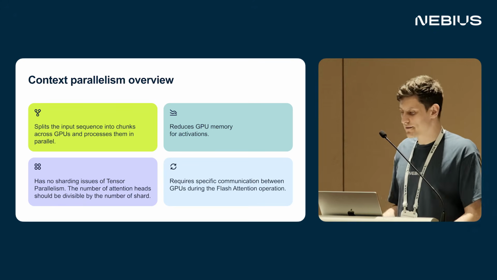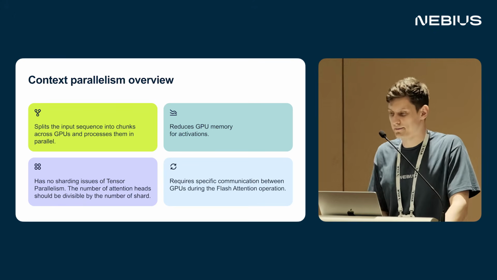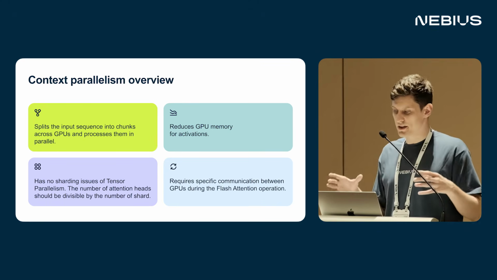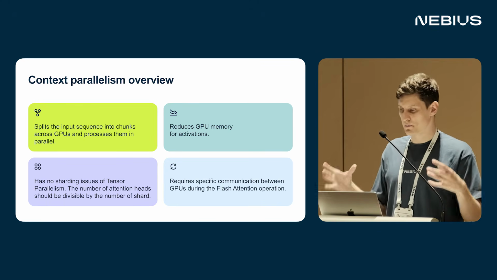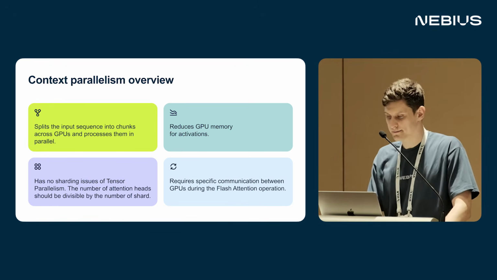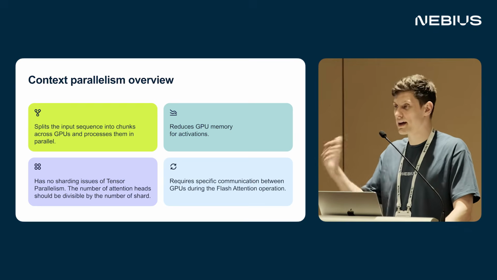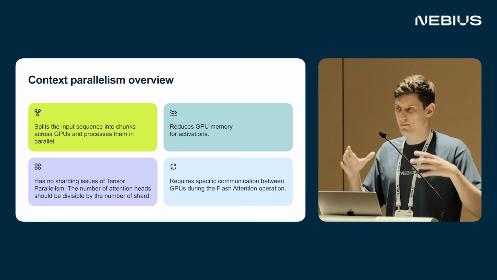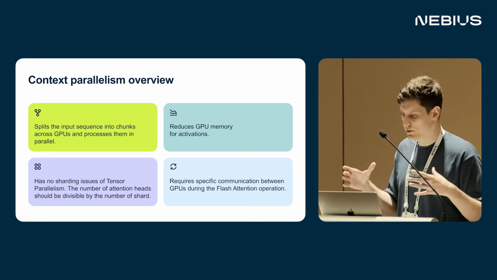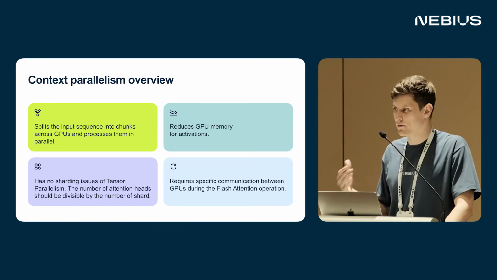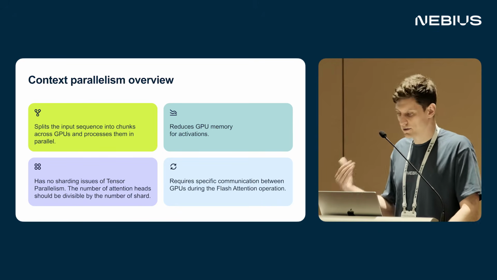Moving to another key feature of Kvax, context parallelism. Essentially, this technique splits the input sequence into chunks across multiple GPUs, allowing us to process them in parallel. There are 2 main benefits here. The first is reduced per GPU memory usage for activations, which can help to avoid out of memory errors.